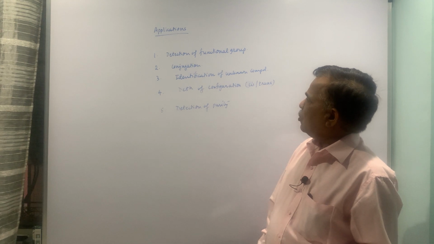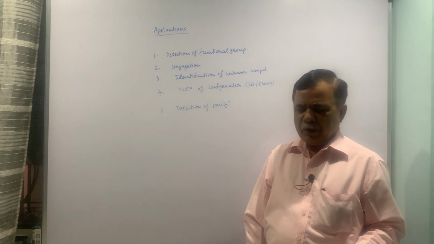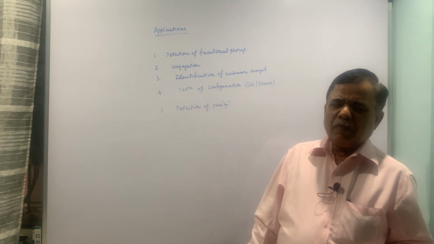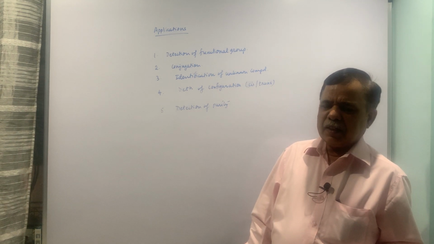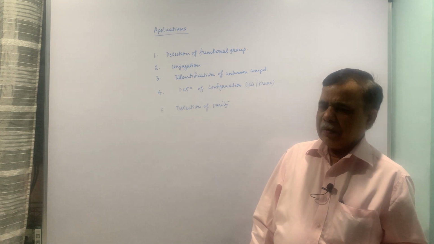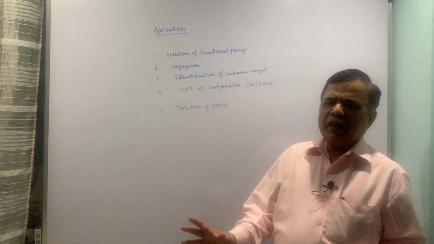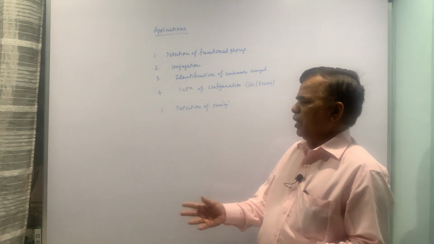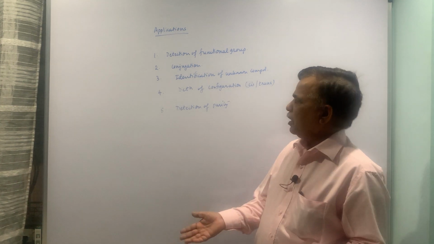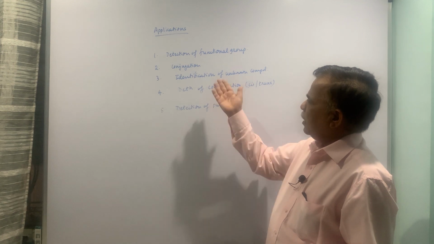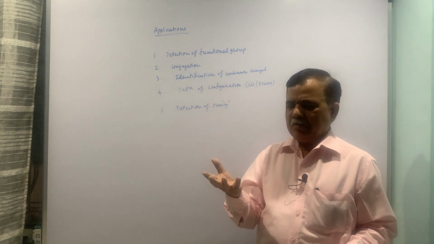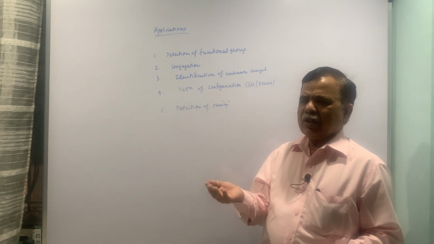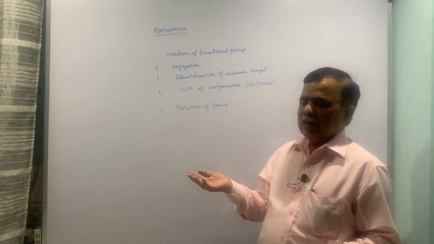Then identification of unknown compound. If unknown compound is there and if certain absorption maxima is there, then you can predict that this may be having a conjugation either in the form of benzene ring or the other conjugation would be there, and you can get some partial information about the structure from the UV spectroscopy.